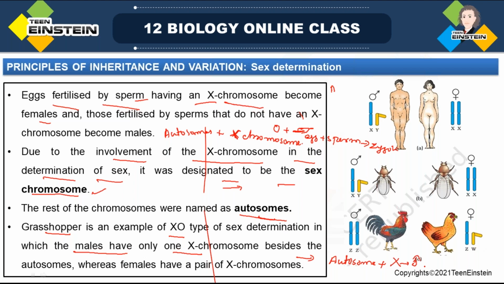Grasshopper is an example of XO type of sex determination, in which the male has only one X chromosome with the autosomes, but in female they have a pair of X chromosomes, not a single one. Got it?